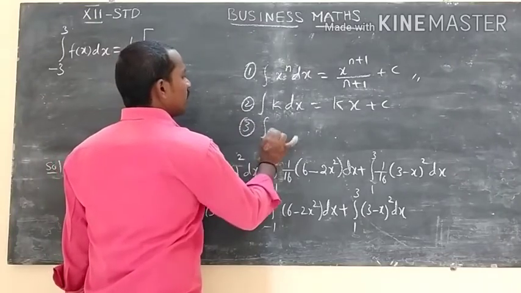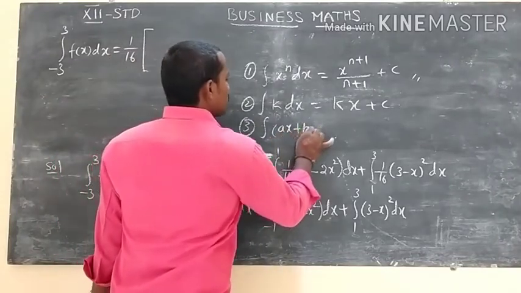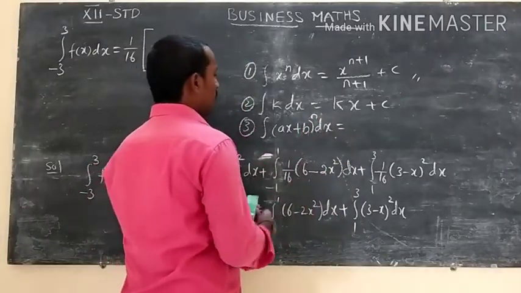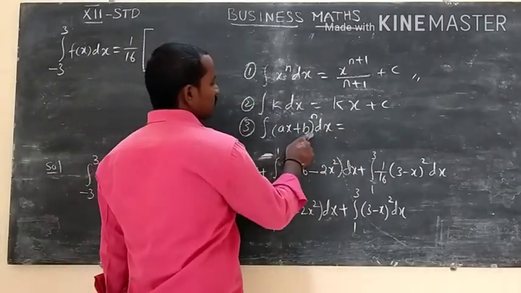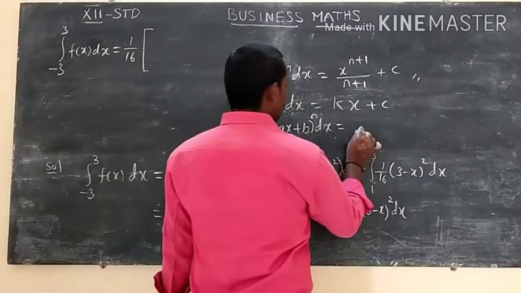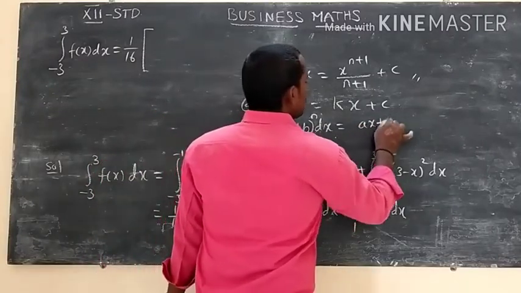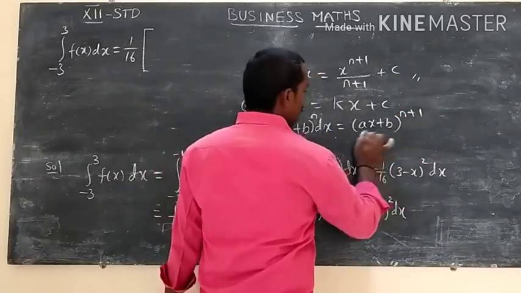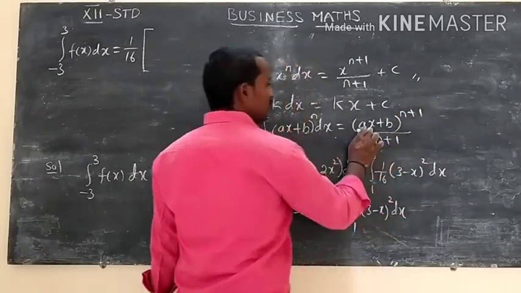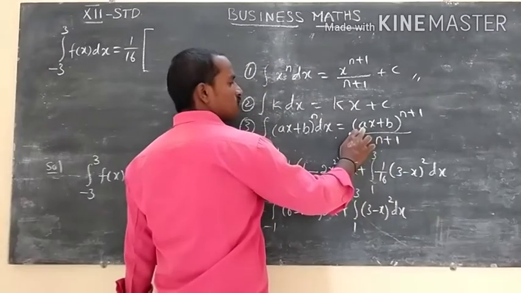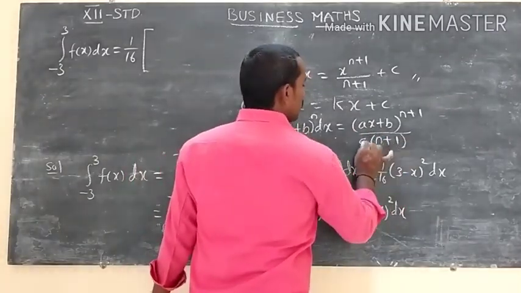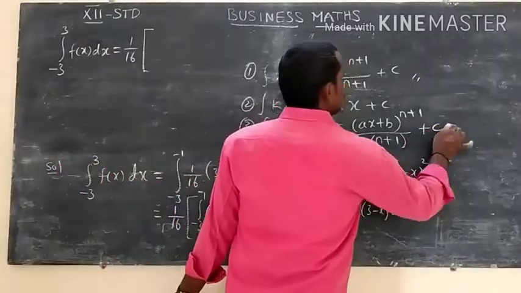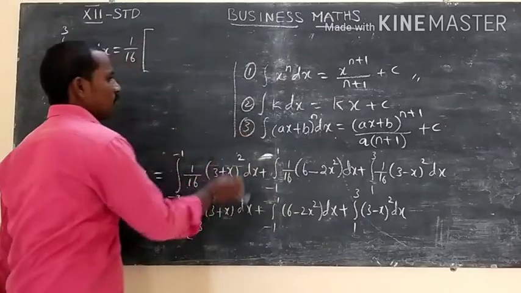And the third one, integral ax plus b the whole power n into dx is equal to ax plus b whole power n plus 1 divided by n plus 1, then divided by the coefficient of x, plus c. These three formulas apply here.